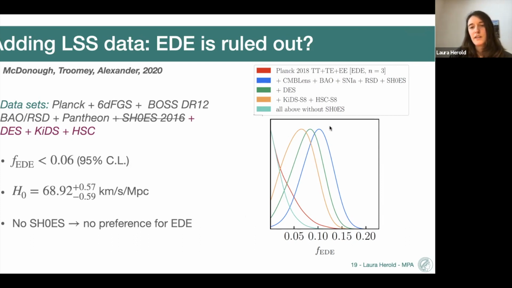And only if one includes SH0ES in the data sets, so this is SH0ES without weak lensing, then SH0ES with weak lensing, there's a preference for the EDE model. So I think the main conclusion here is if there's no SH0ES in the data set, there's no preference for early dark energy.